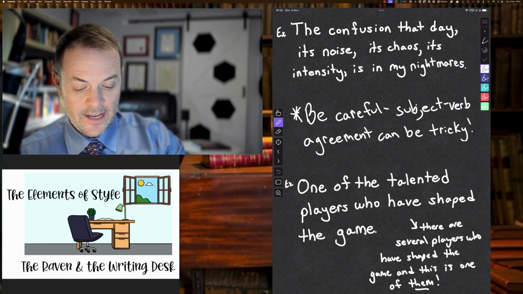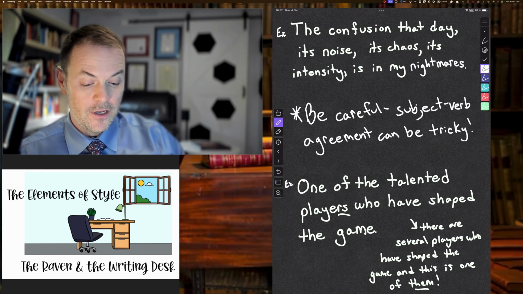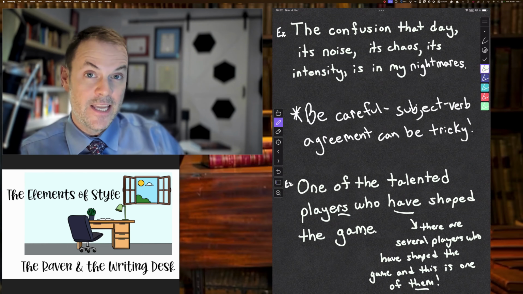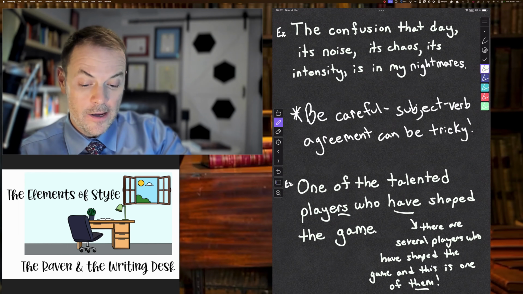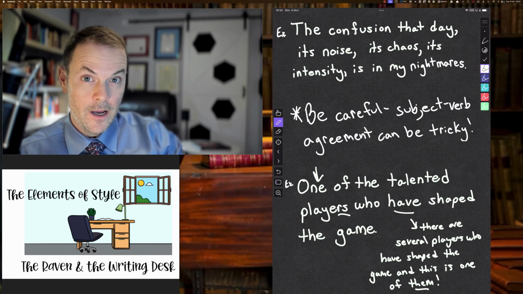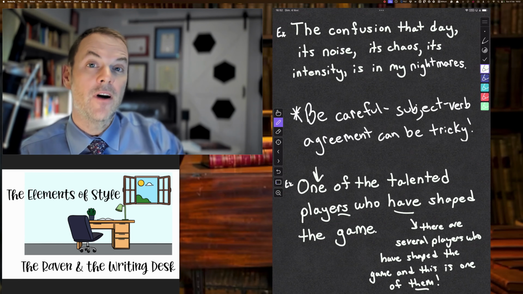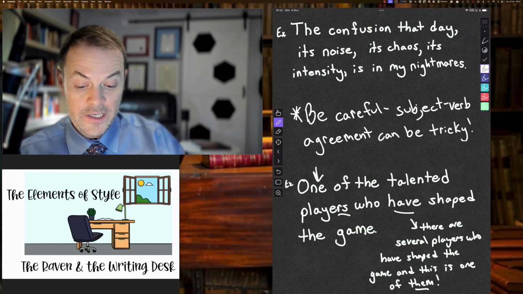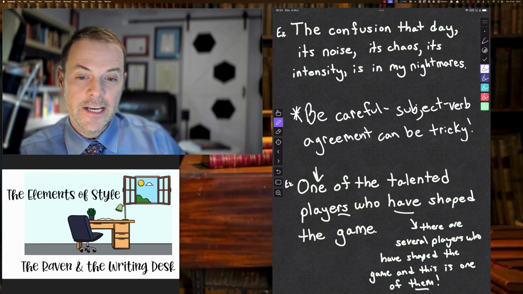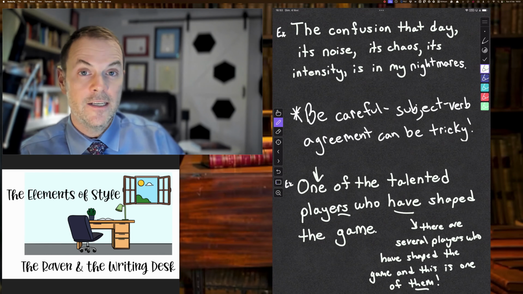One of the talented players who have shaped the game. I'm not just talking about one person. I'm talking about one person in a group of others. If I wanted to make it singular, I would say he is a player who has shaped the game and make it very clear from the onset that it's singular.